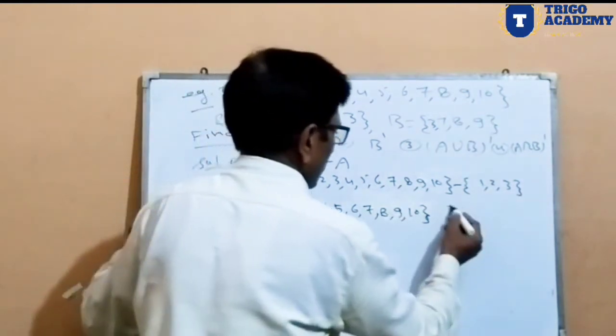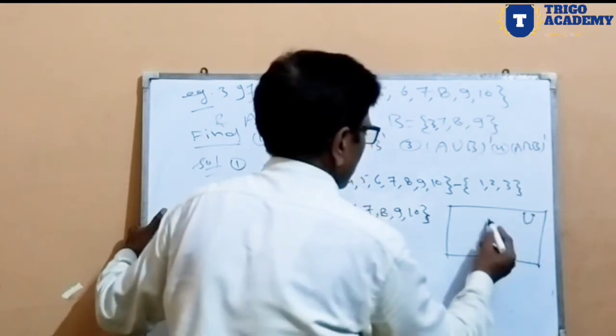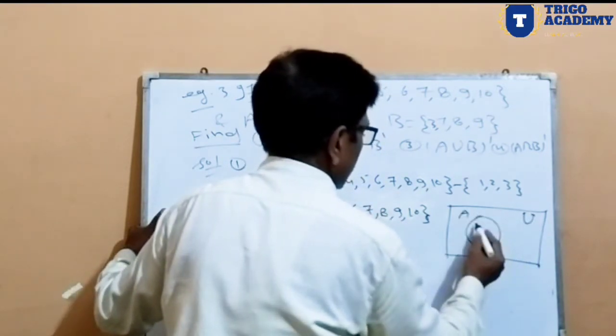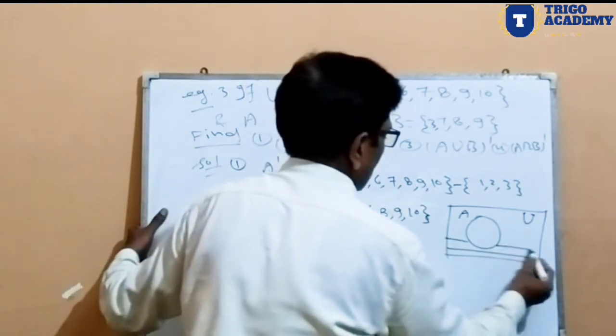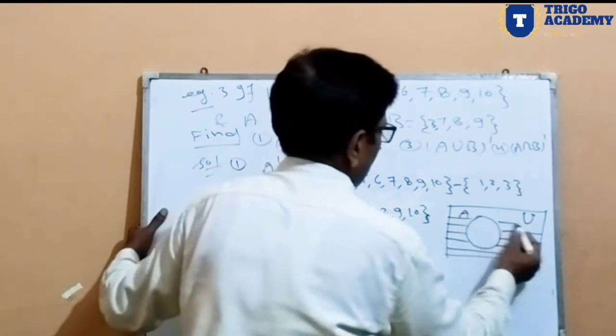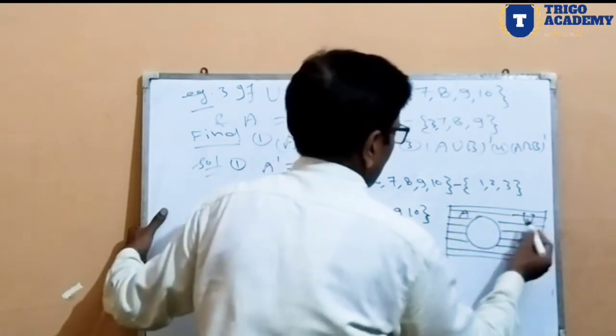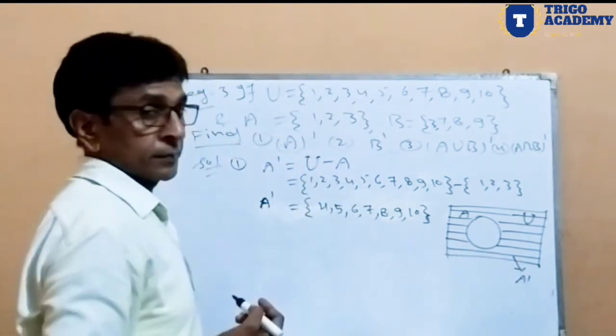In a Venn diagram we can represent this way. This is A and this line shaded region represents A dash. So this is A dash.